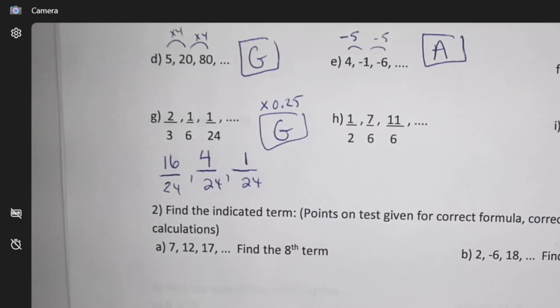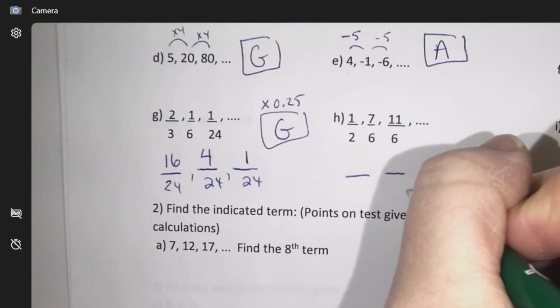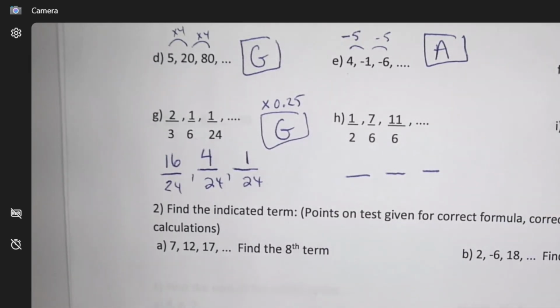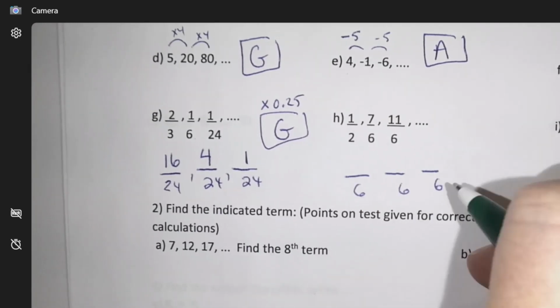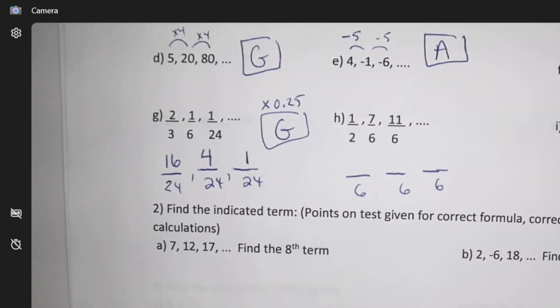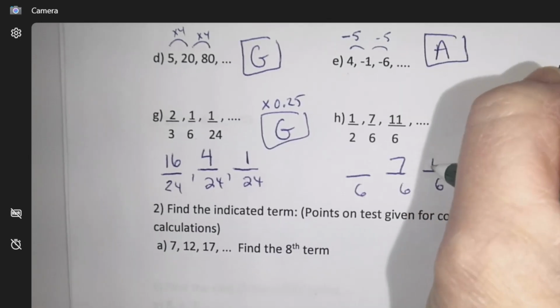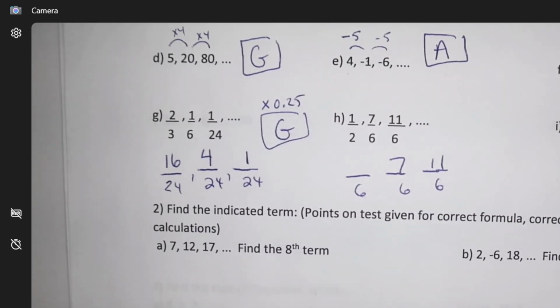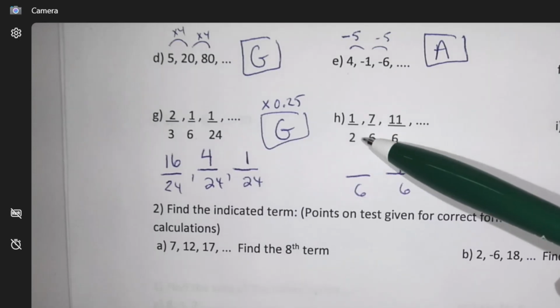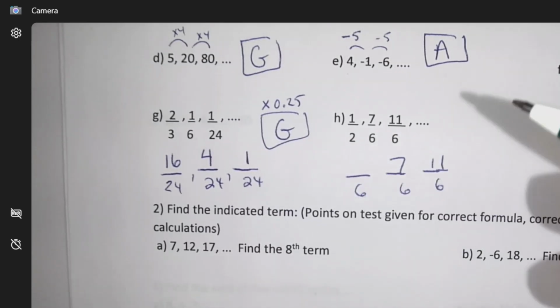Okay, I'm going to do the same thing here. I'm going to put them all over the same bottom just to see if I can see a pattern. So I'm going to pick 6. 6, 6, 6. So then those are just 7 and 11. What is the first one? I'm going to times by a 3.